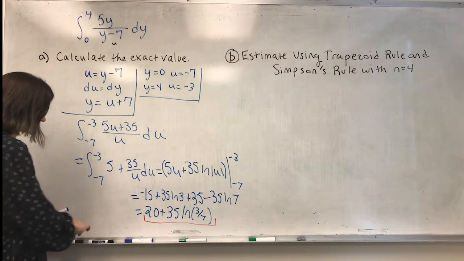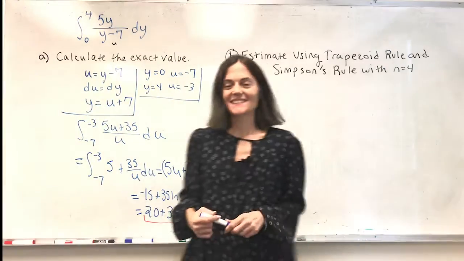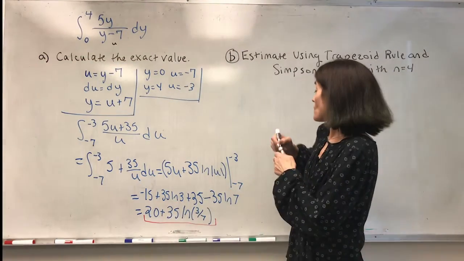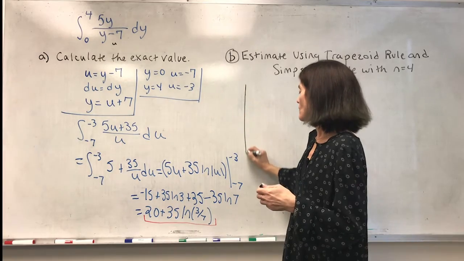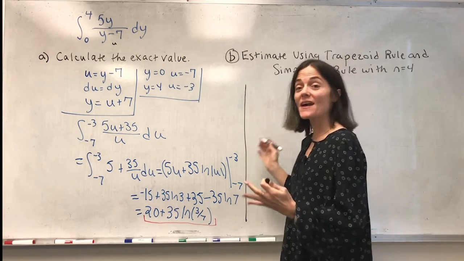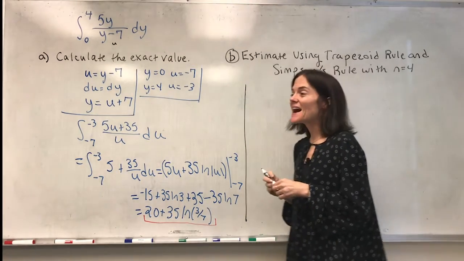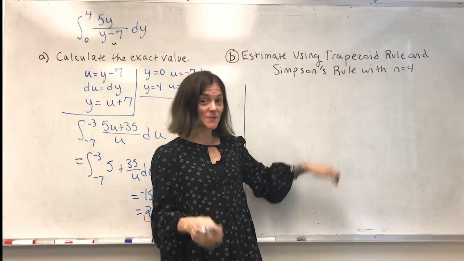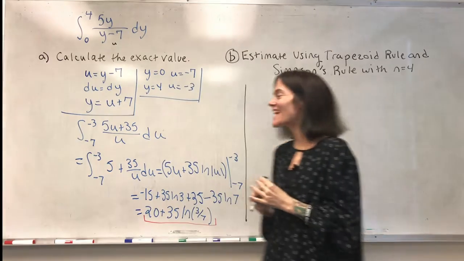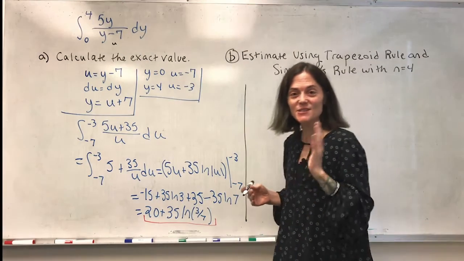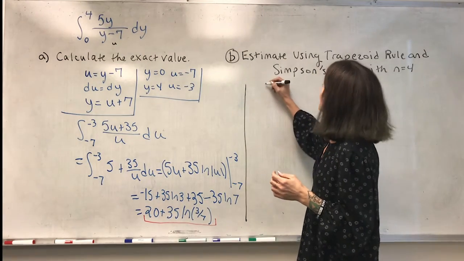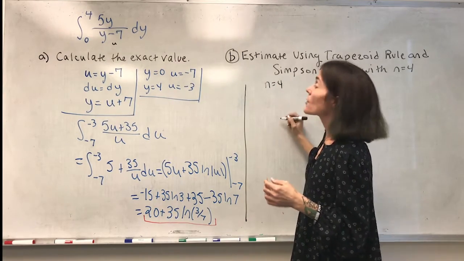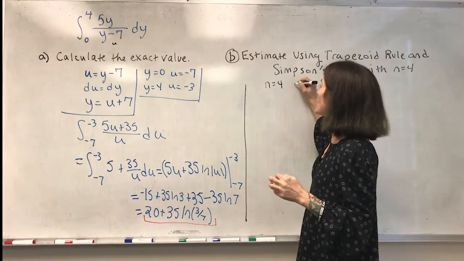Just like this. Wonderful. Now comes our estimation. And I do have another video that has trapezoid rule and Simpson's rule, but it's always good to practice again, so you can see that in the Calculus 2 playlist. First we will do, well, both of these have n equals 4, and our interval is 0 to 4.